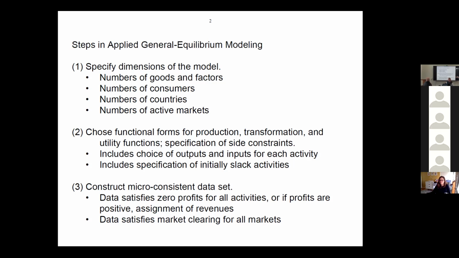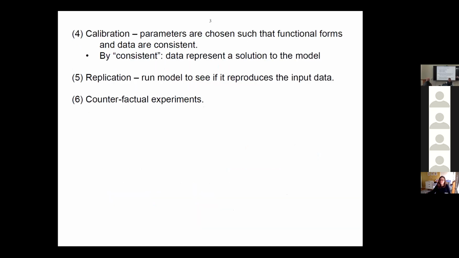So the data satisfies zero profits for all activities. That could include monopoly markup. So a more general word than zero profits is product exhaustion. Any revenue has to go somewhere. And the data satisfies market clearing for all markets. That could include zero activities in some of those markets.